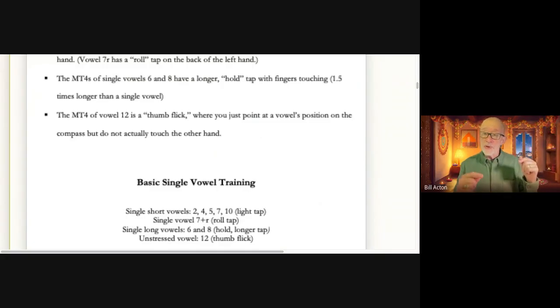Meaning the 12 is the only vowel where both hands don't touch. Later, we will use that same quick thumb for other vowels too that are not stressed. But for this lesson, we will only be using the thumb pointing toward the heart on the vowel 12.